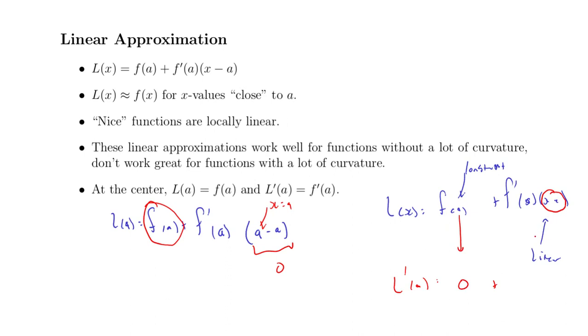X minus A is going to get multiplied out, and we have an F prime of A times X and an F prime of A times A. Or you could do the chain rule here. You could say this is F prime of A times 1. So L prime of A is equal to F prime of A. And that, again, makes sense because our tangent line slope is the same thing as the slope of the function at the center. That's kind of the point.